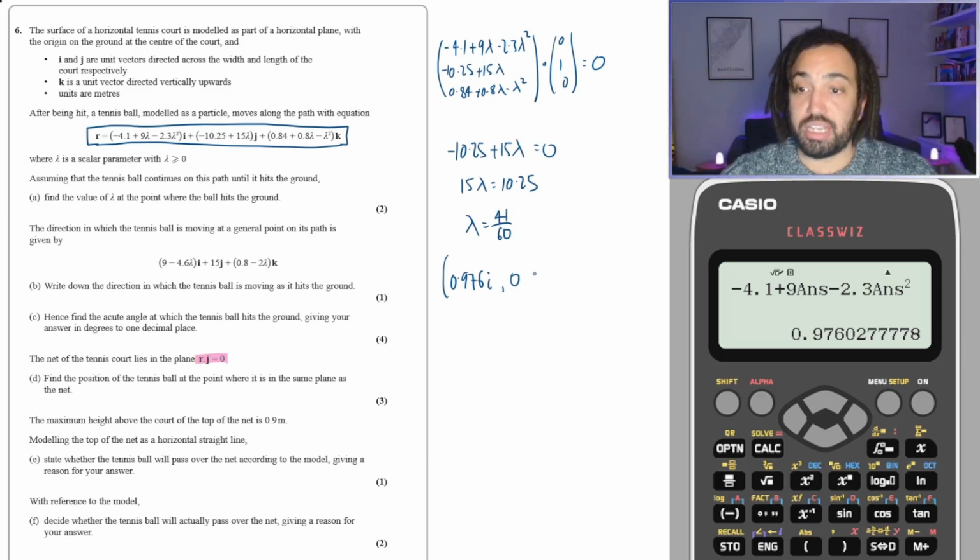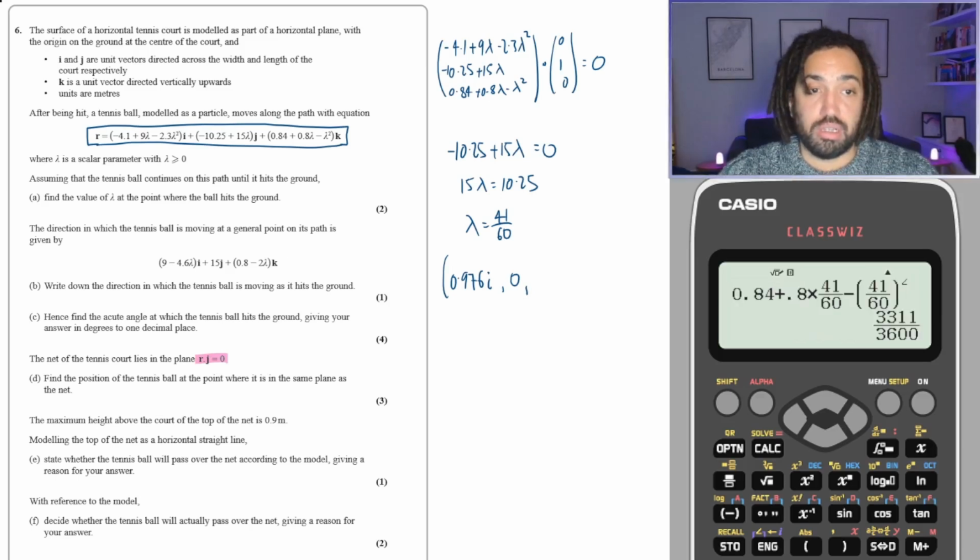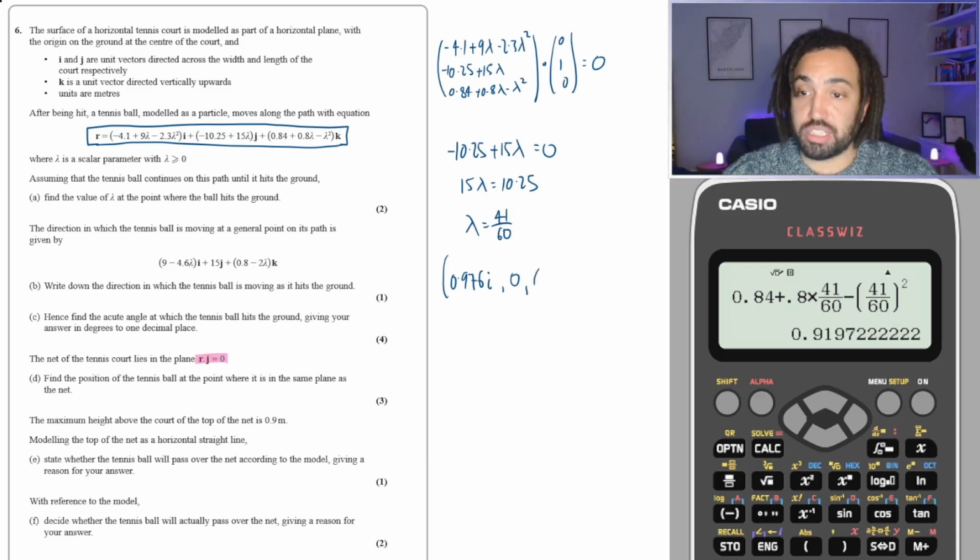And then substituting into the final one, I will need to do this following calculation, and let's just call that 0.9120. And that is the k.